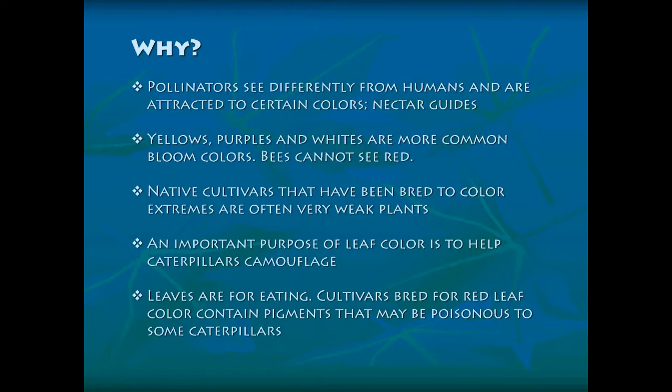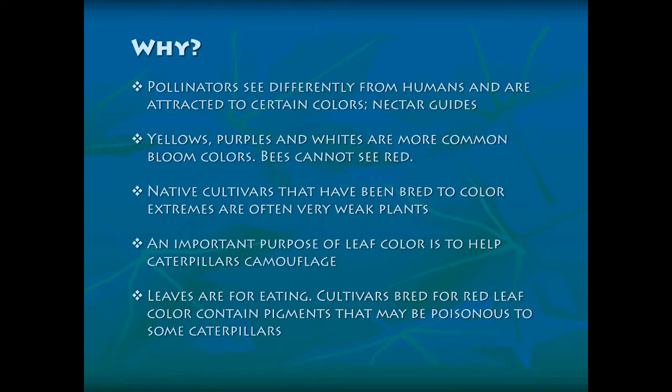And if you think about the colors of leaves, many caterpillars that eat leaves are green and they want to be camouflaged from birds. And so the leaves and the caterpillars sort of want to cooperate with their colors. Some of the new cultivars of shrubs in particular have been selected for red leaf color, and that red leaf color can actually be poisonous to some caterpillars.